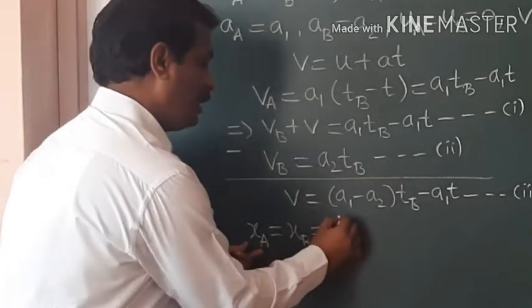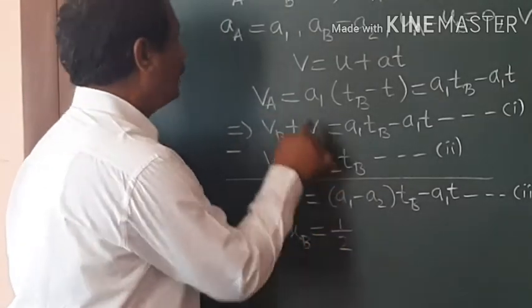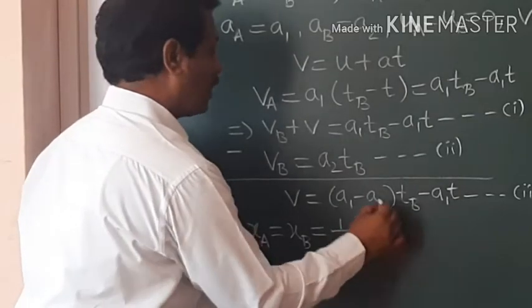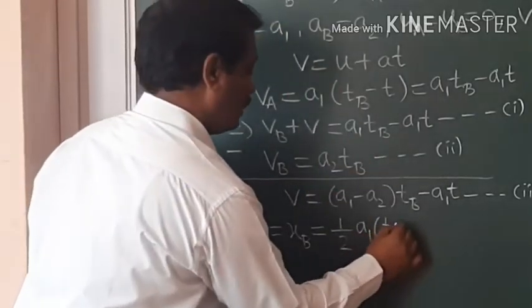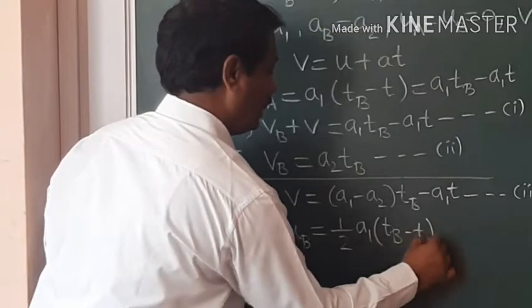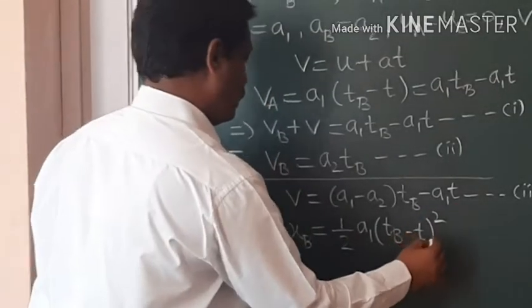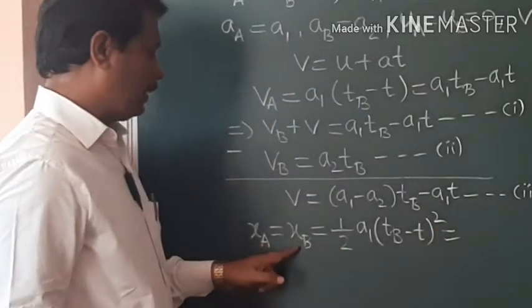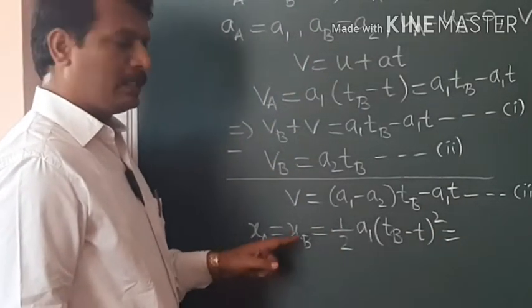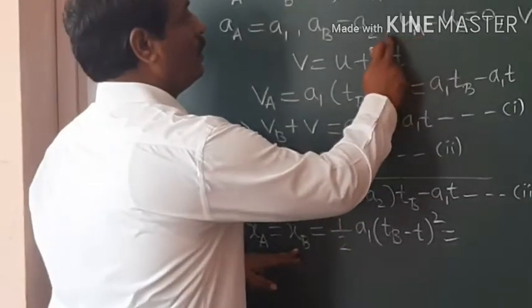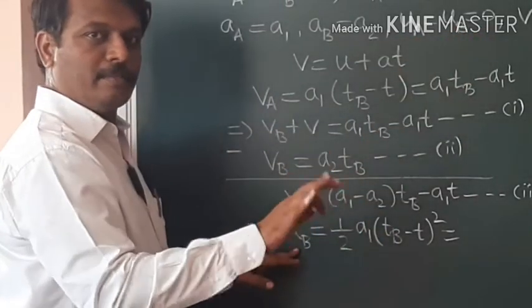So leave it. Then half a, for car A, is A1, then t square, where t is TB minus T, whole square. And next XB. We apply the same formula for car B. For car B also u is 0, therefore ut becomes 0.